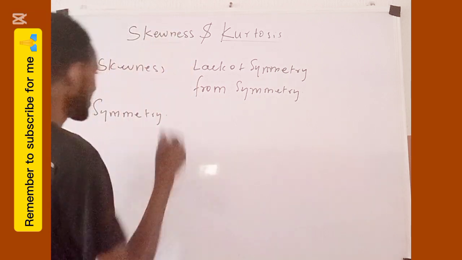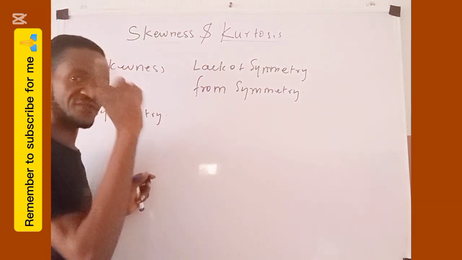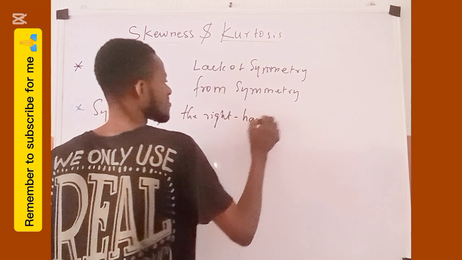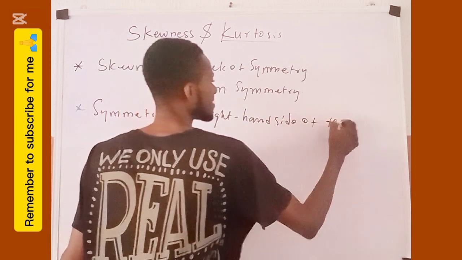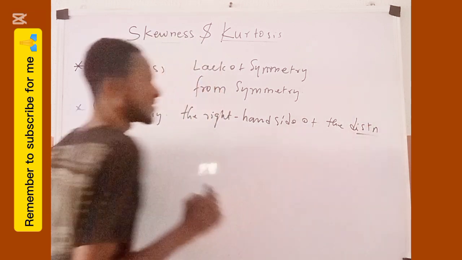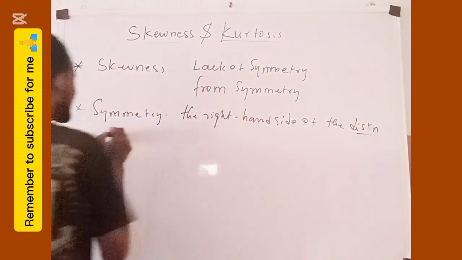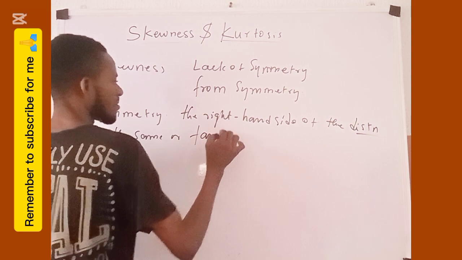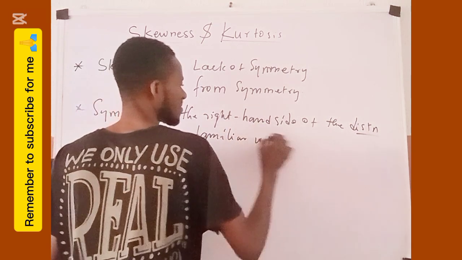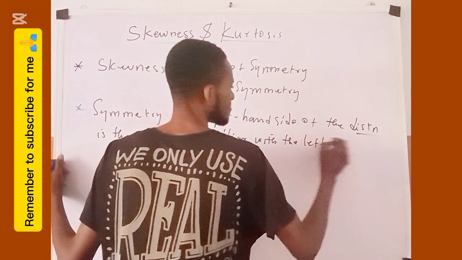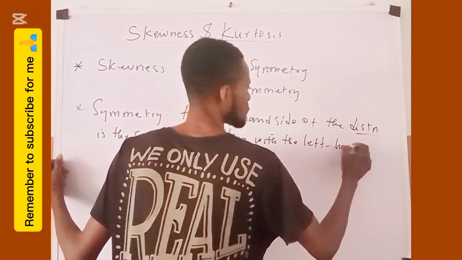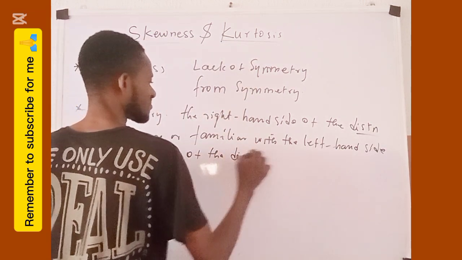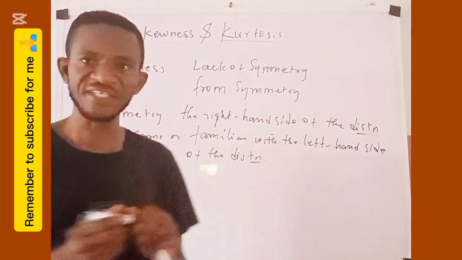I repeat, a distribution is said to be symmetrical if and only if the right-hand side of the distribution is the same or similar to the left-hand side of the distribution.